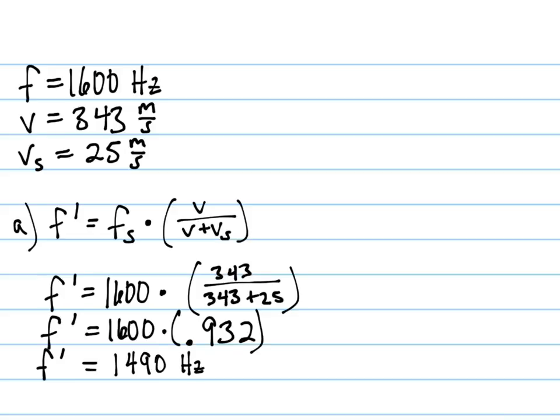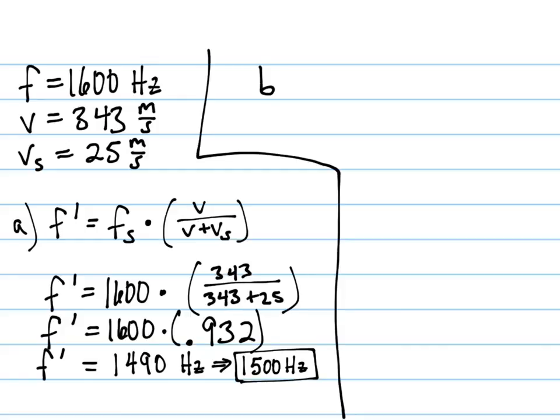And with 2 sig figs, we should really just go ahead and round it to 1,500 hertz. I'm going to keep that frequency, though, in my calculator, so for part B, I can use the exact value that I have of 1,491 hertz. All right, so there's our answer for part A.